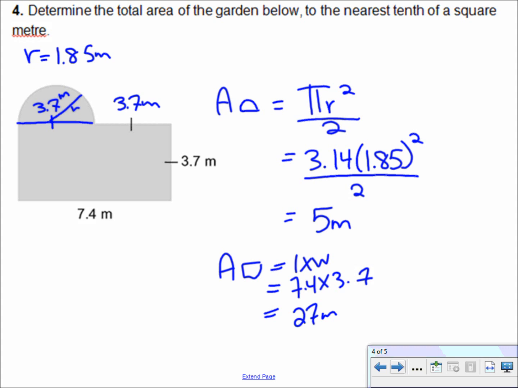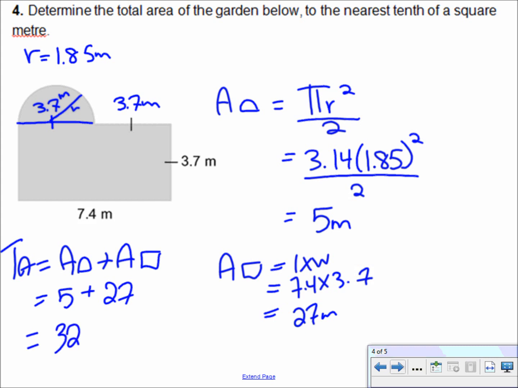Add them because they're together, right? Because the whole shape includes both. So total area is equal to area of my half circle plus area of my rectangle, which equals 5 plus 27, 32 meters.